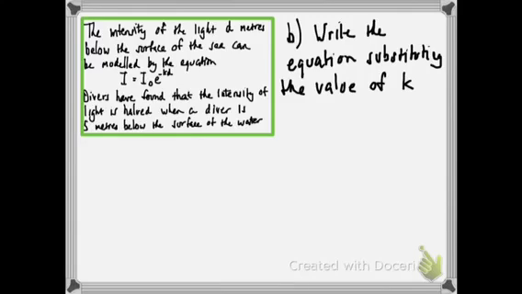So I equals I naught e to the power of 0.1386d. So what I've done there is substitute the value there for k, and we can use that equation from here on.